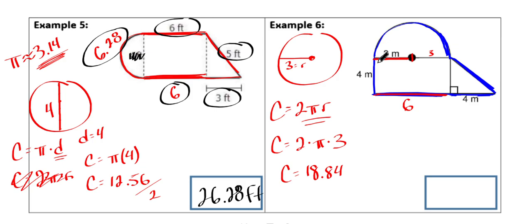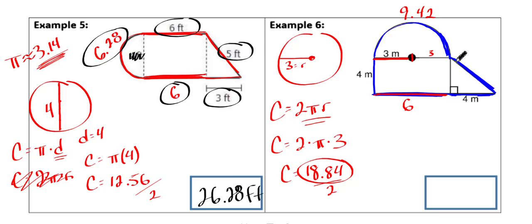I only have the top half of that, so I'm going to divide this by 2 and find out that that is, I think that's wrong actually. That's 9.42, sorry. That's the top half of the circle. This is the full circle. I only have the top half, so I divide it by 2.